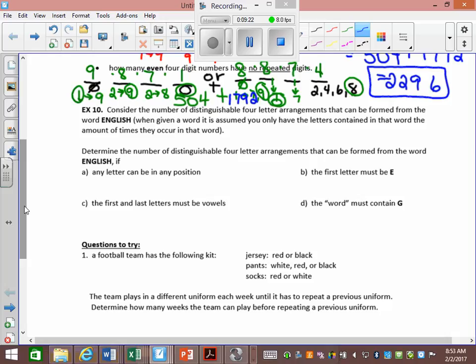Or I could repeat them and I'd have 26 and 26, correct? But right now, when they give you a word, you have that word and however many letters are in it and how many times they repeat. If you use up the E, you've used it up. Okay? There's no more left to take. So that's 7 letters.